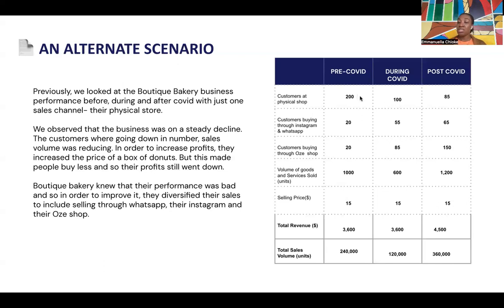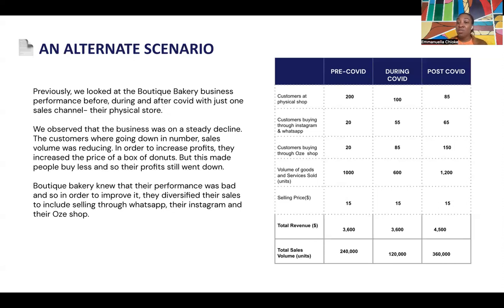So we're seeing that during COVID, they lost about 100 users who came to the physical shop. But we also noticed that they gained some customers through WhatsApp and Instagram and through Ozy Shop. And what this tells us is that they actually didn't lose those customers completely. They were able to retain them through another sales channel.